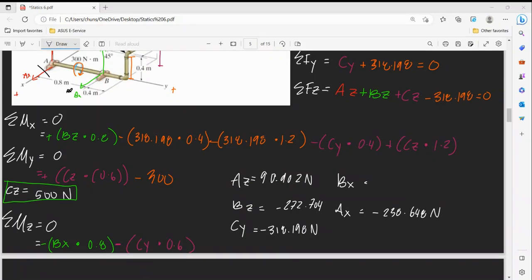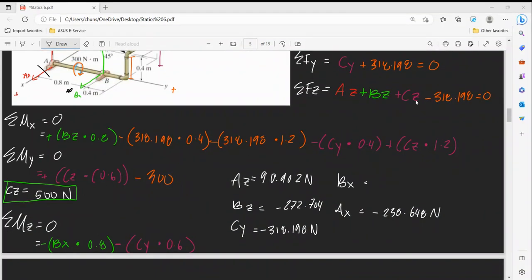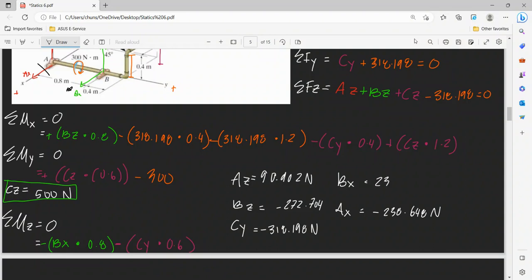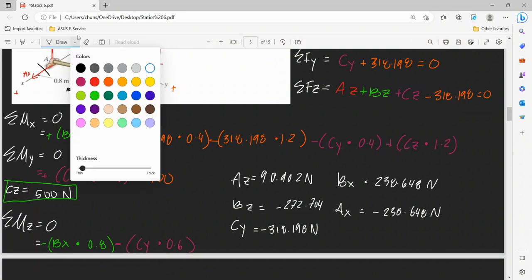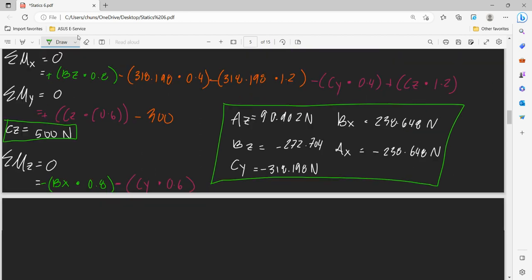And our last one is equal to positive 238.648 newtons. So see if you get those answers with these equations. If not, let me know and I'll see what corrections I can make.